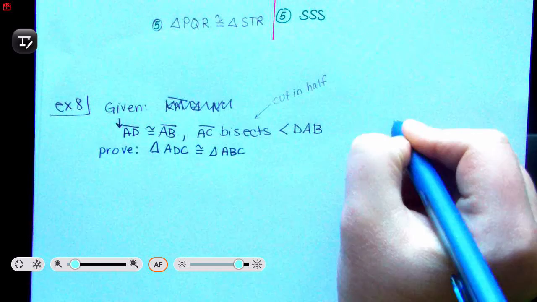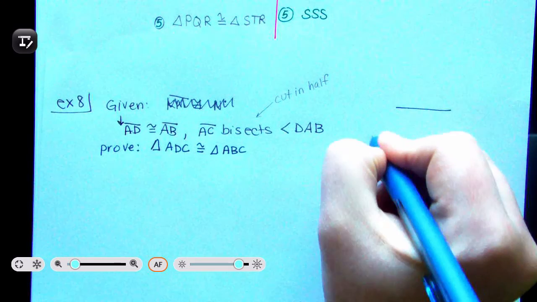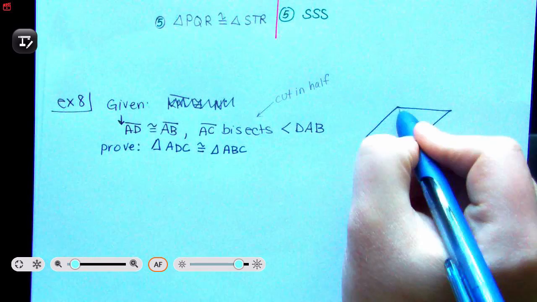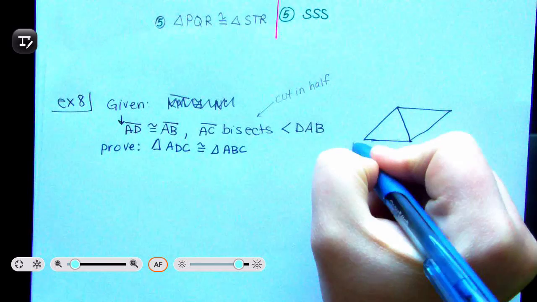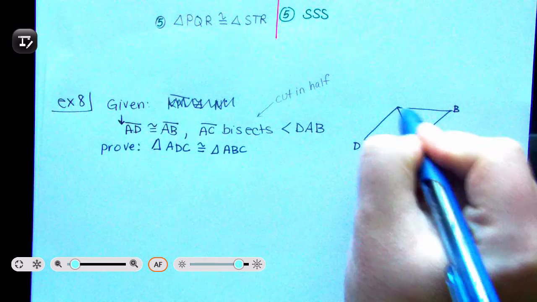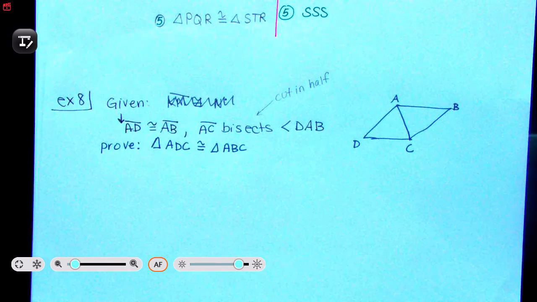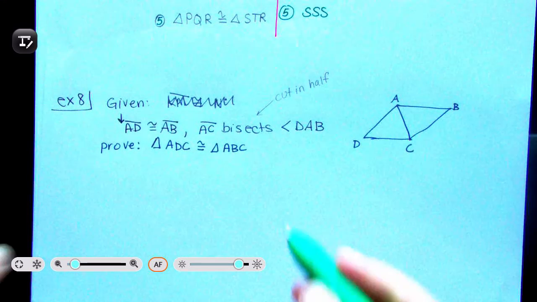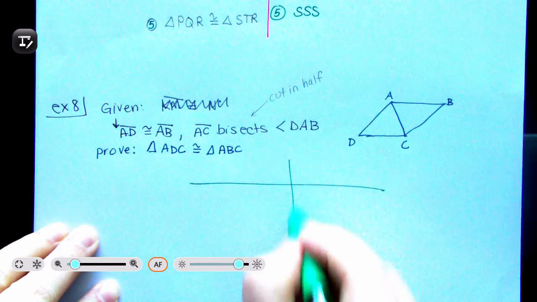And again, they will always give you a picture. That's how the picture looks like. Again, pretend it's perfect. I am not a computer. Step number 1, always mark up your triangle.